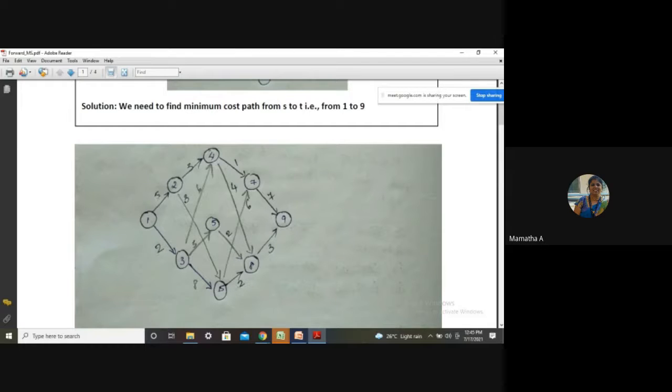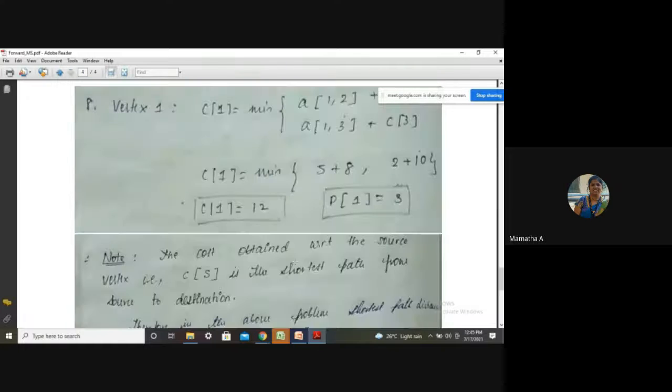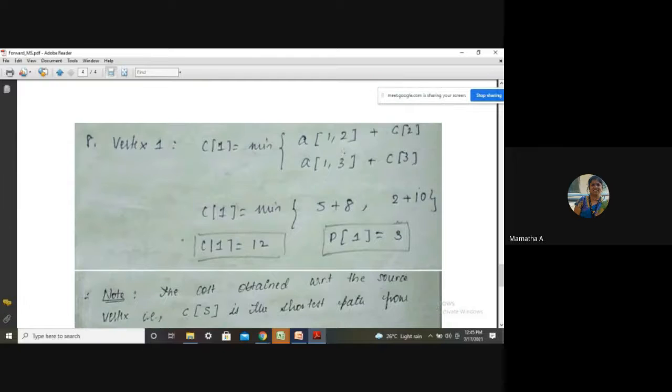So A of 1 comma 2 and 1 comma 3, with weights 5 and 2, plus C of 2 and plus C of 3. Out of this, which is minimum, you can observe this gives me 13, this gives me 12. The minimum is C of 1 equals 12, via the vertex 3. So P of 1 equals 3.